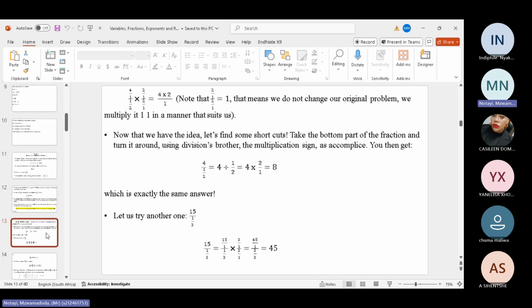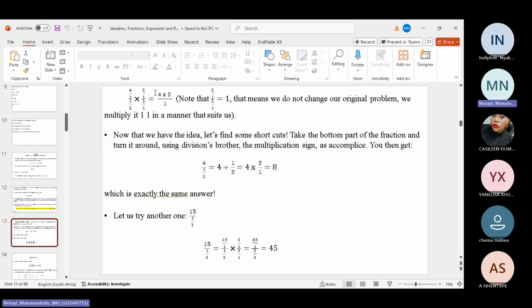So that's 4 divided by 1, divided by 1 over 2, multiplied by 2 over 1, divided by 2 over 1, is equal to 4 times 2 divided by 1. So we have 4 divided by 1 multiplied by 2 divided by 1. So we have 4 multiplied by 2 on top, and the denominator will have 1 multiplied by 1.